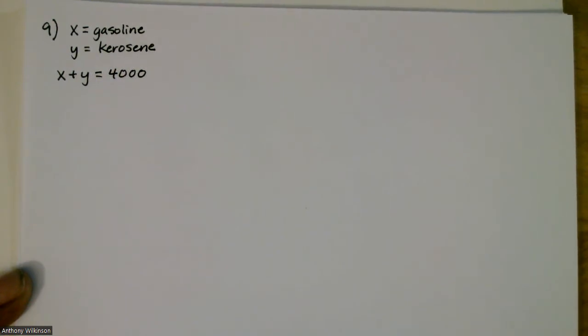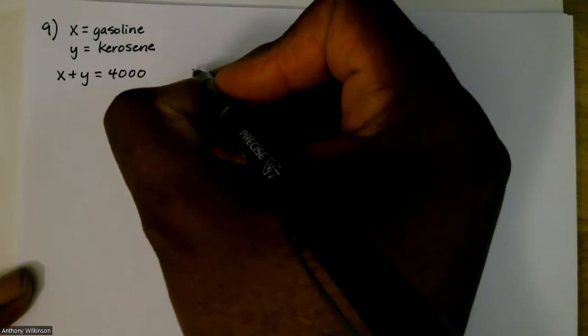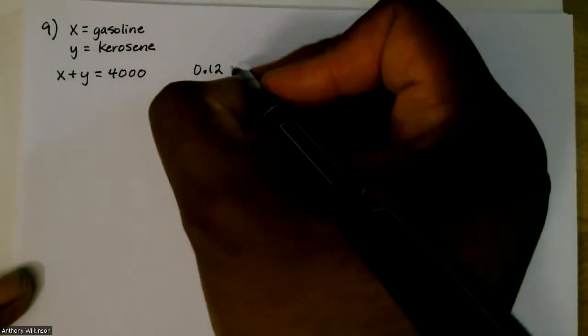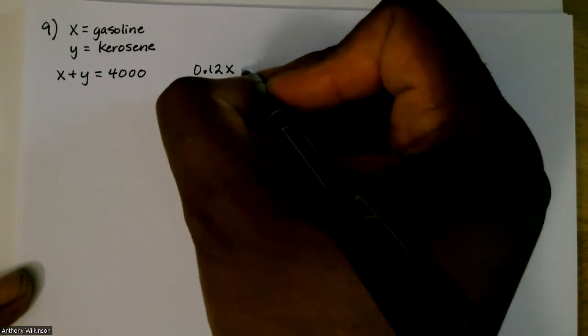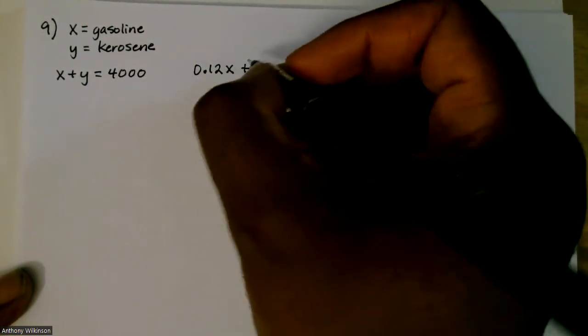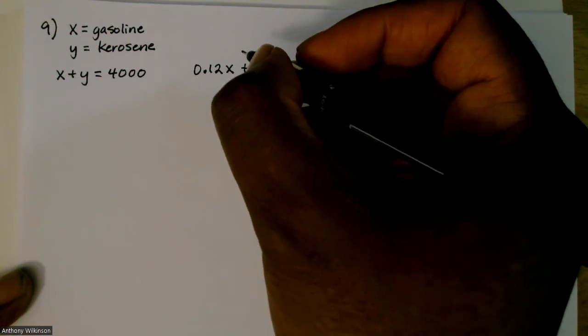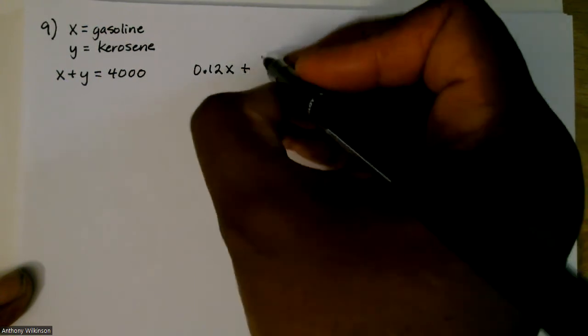Now here's the other equation, the profit. Okay. The profit was 12 cents per gallon of gasoline. So if that's the case, 12 cents as a decimal will be 0.12 times the number of gallons of gasoline, which is X, plus, and the number of gallons, well, the profit was 16 cents per gallon for kerosene.